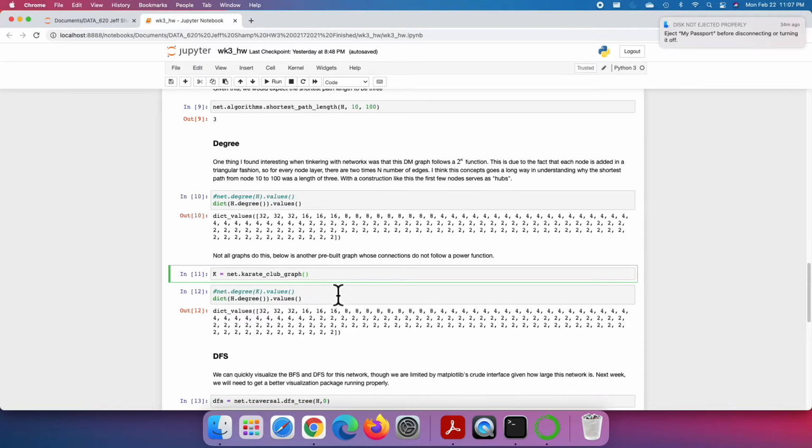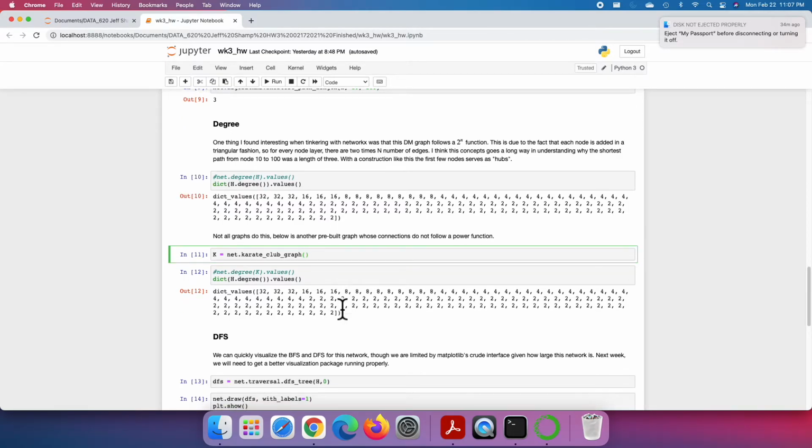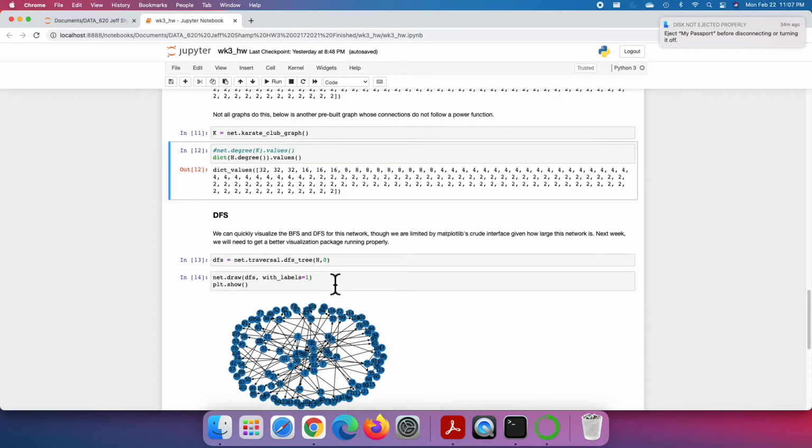So the next is the degrees. The degree values are such, which is the Karate Club degrees. So finally, the DFS algorithms are looked at.